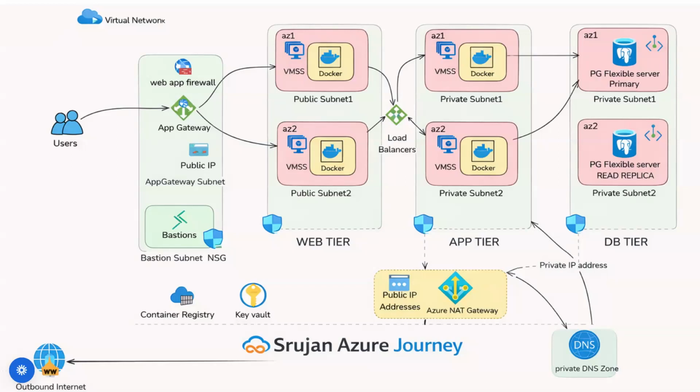So instead of normally assigning public IP, which is a very bad practice, we have deployed a NAT gateway which will give us a control outbound internet access, as well as there is key vault for secret management, and we are going to pull all the images using Docker registry, or we can say Docker Hub.